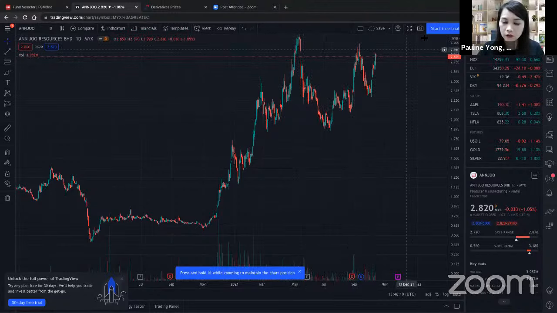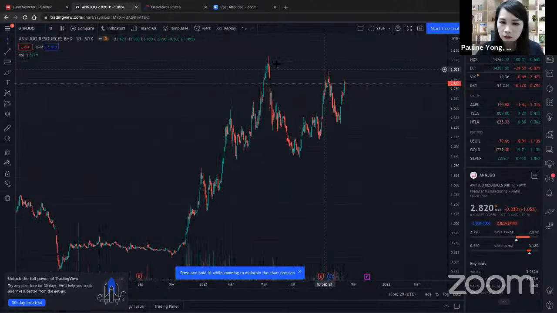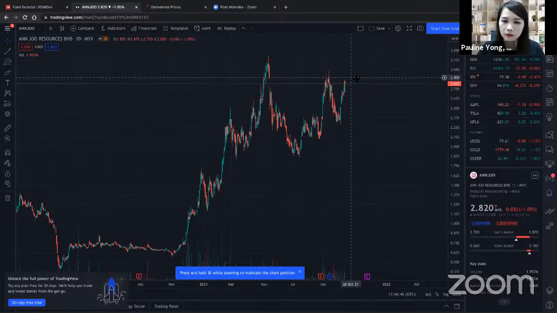So if you are looking at A, B, C, you are here, and then you are looking at continuation. After this C, you are looking at the continuation here. However, I see that you are not going higher than this part here. If this has to be a continuation, you should be looking at 1, 2, and then 3, and this part here, you have to pass this, and then you have to pass that.